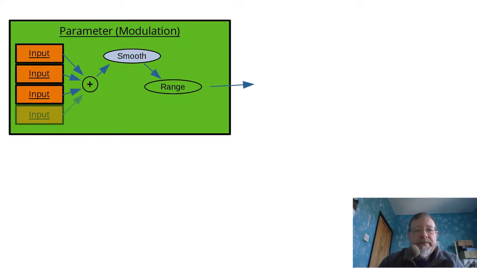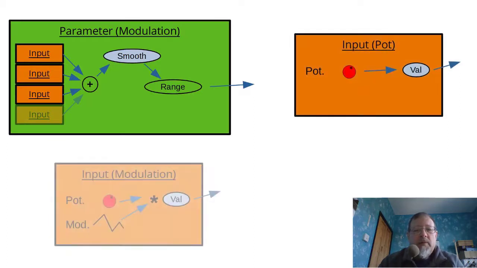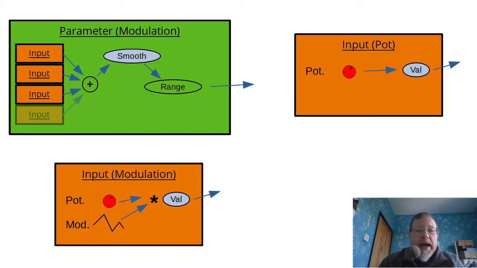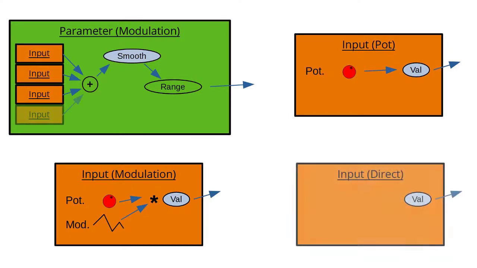The inputs are of three different types. We can have an input which is just a pot setting, an input which is a modulation from an LFO or an envelope, where the pot is the modulation amount and they're combined together to be a value, or we can have a direct input, for instance pitch bend.